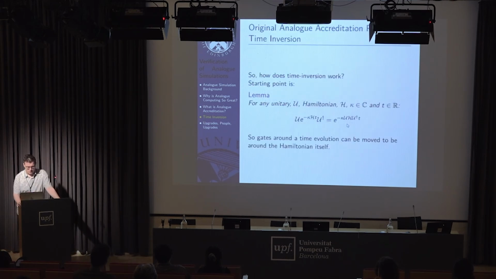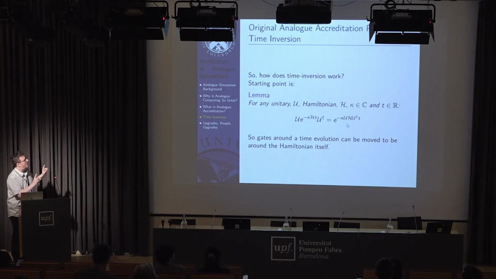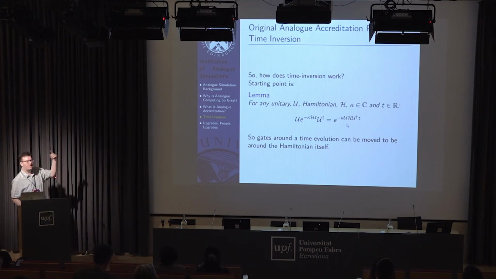Okay, so, sorry, it's maybe worth quickly talking about how time inversion works. The basic trick is this lemma here. What this lets us do is, if I put two gates around a time evolution, a gate and its inverse, I can then move it up into the exponential. So when I'm considering how I'm going to invert a time evolution, what I can actually do is consider instead just how I can invert the Hamiltonian itself.